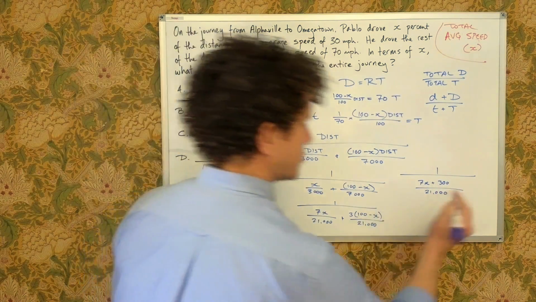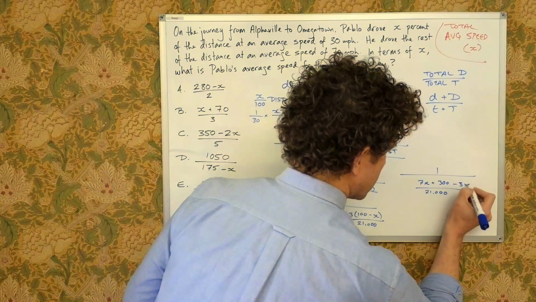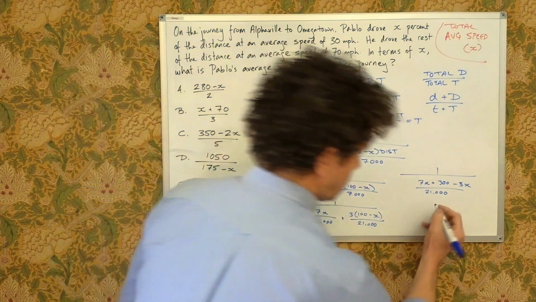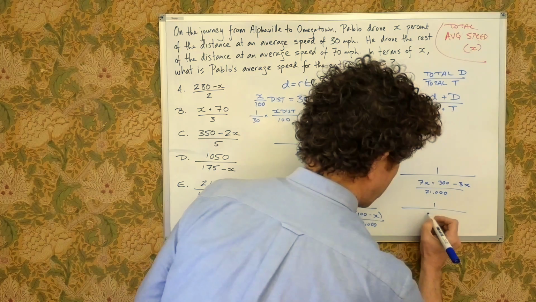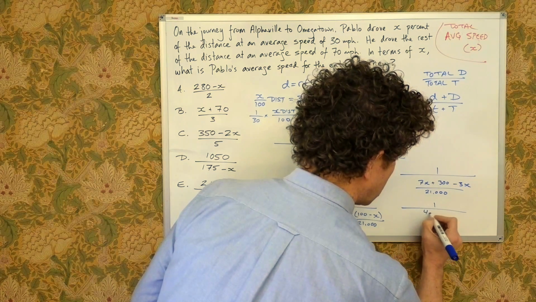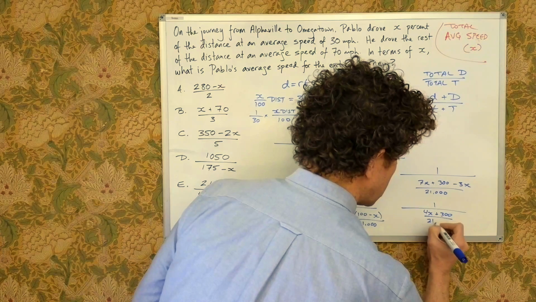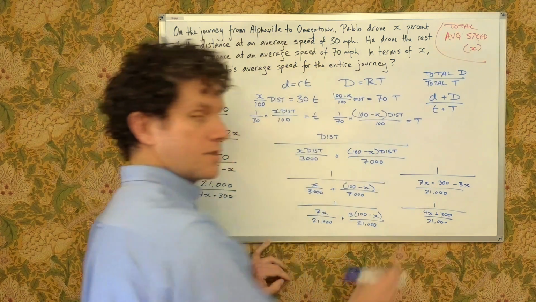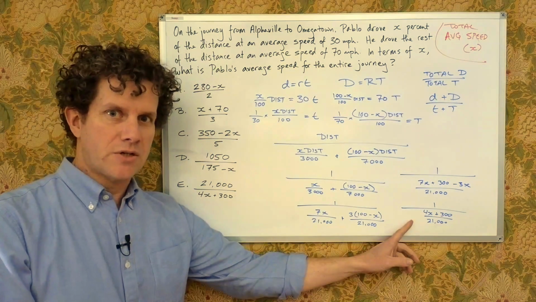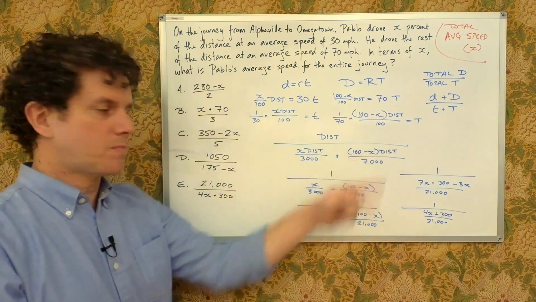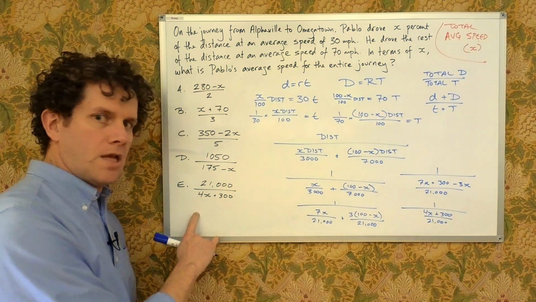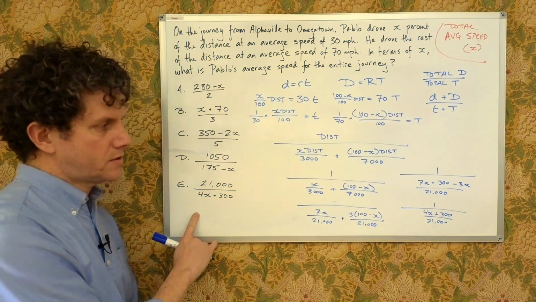Watch the subtraction, minus 3x. Combine like terms. Still, I have 1 in the numerator. 4x plus 300 over 21,000. And of course, division by this crazy term is multiplication by its reciprocal. And its reciprocal is waiting for us over here.